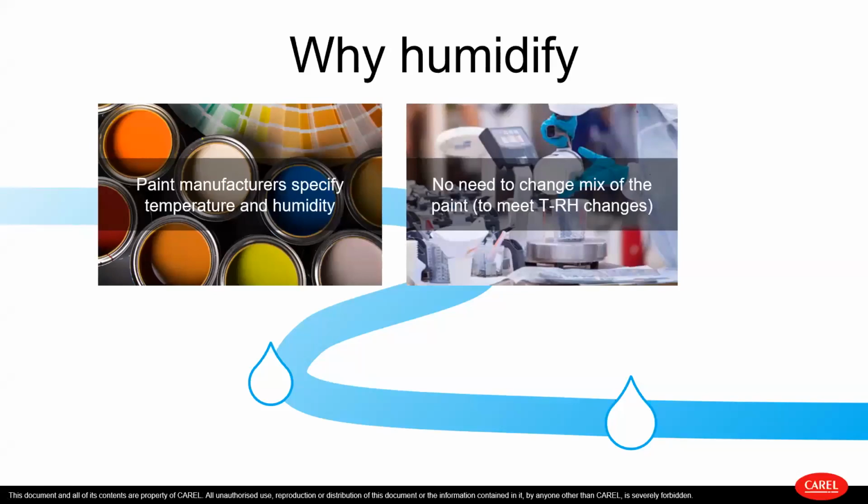So historically, this has been dealt with by changing slightly the mixture of the paint before spraying, by adding solvents or additives like thinners to the paint. If the temperature and the humidity in the paint input can be kept constant, there is clearly no more need to change the mix of the paint.